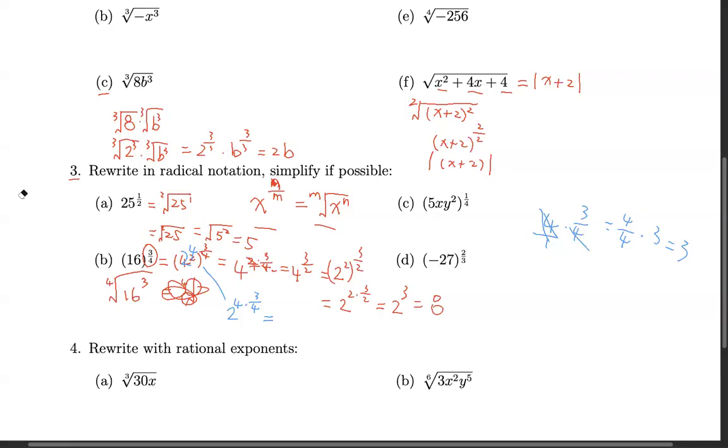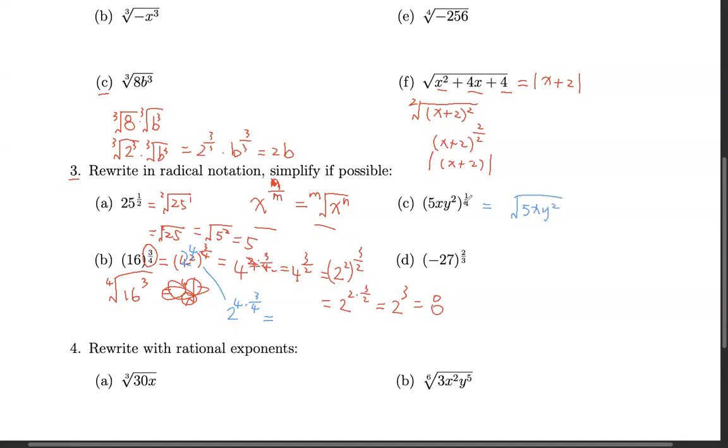Now I need to erase. Let's see. C has 5xy squared as the radicand, and the power is just 1. So 5xy squared.